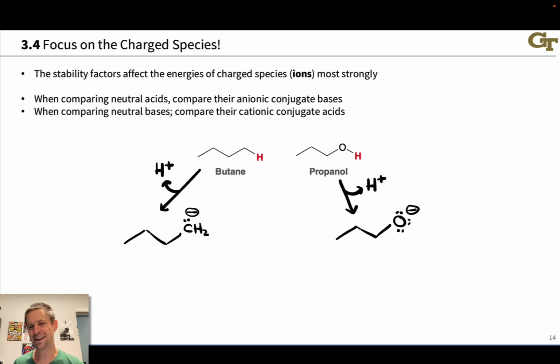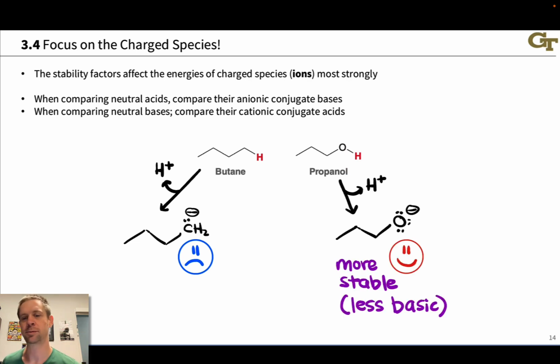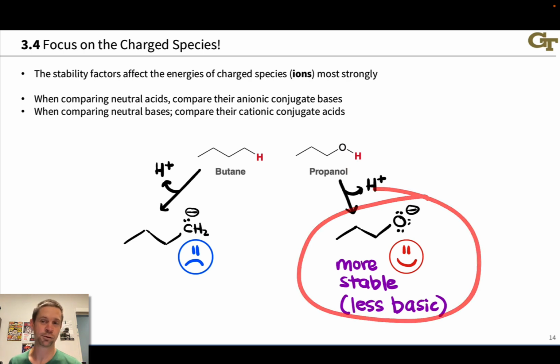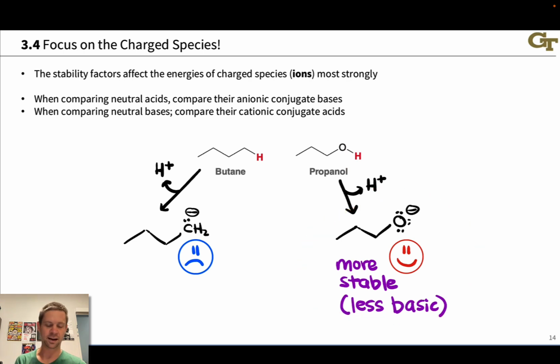On electronegativity grounds, we would argue that O- is going to be more stable than C- because oxygen is more electronegative than carbon. That makes the anion on the right, the conjugate base of propanol, more stable than the anion on the left. Now, what's the impact on acidity and basicity?